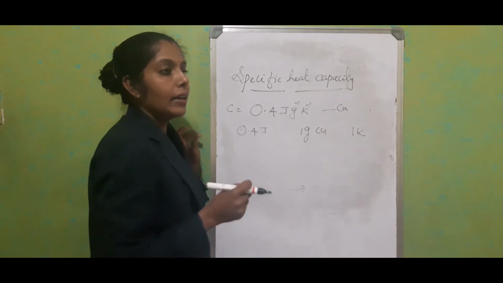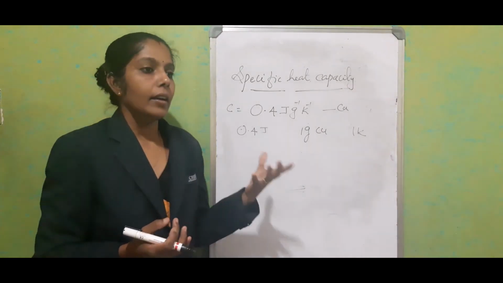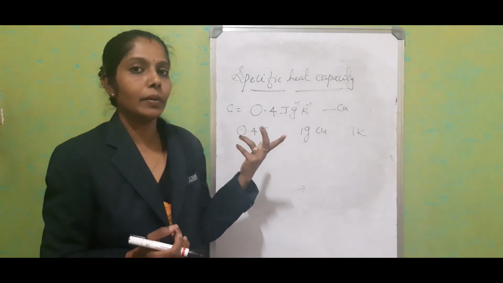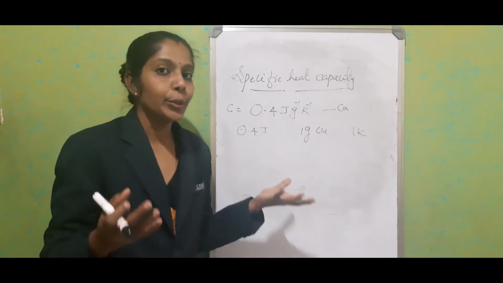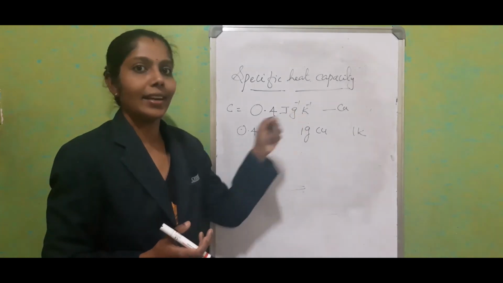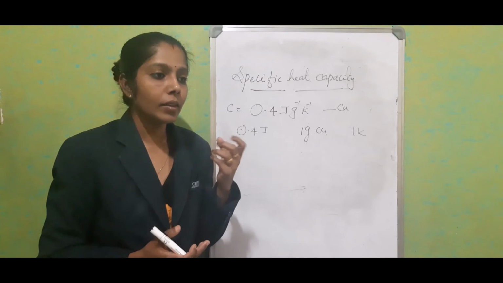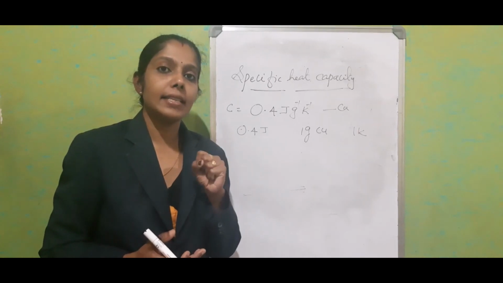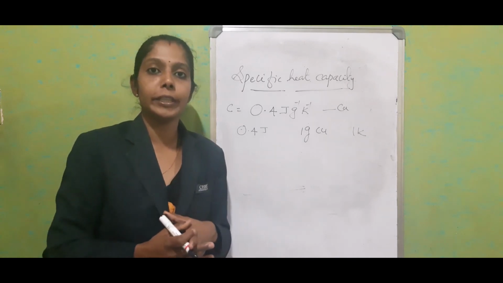If you see the difference between heat capacity and specific heat capacity, in heat capacity only two factors are coming. It never depends upon the mass. The unit is joule per Kelvin or joule per Celsius. Here a mass factor is also coming. It is particularly meant for the object. Or we can simply say that specific heat capacity is a property of the material, meant for unit mass.